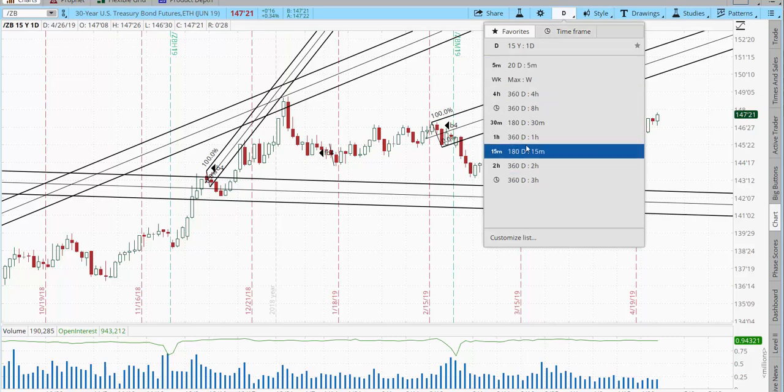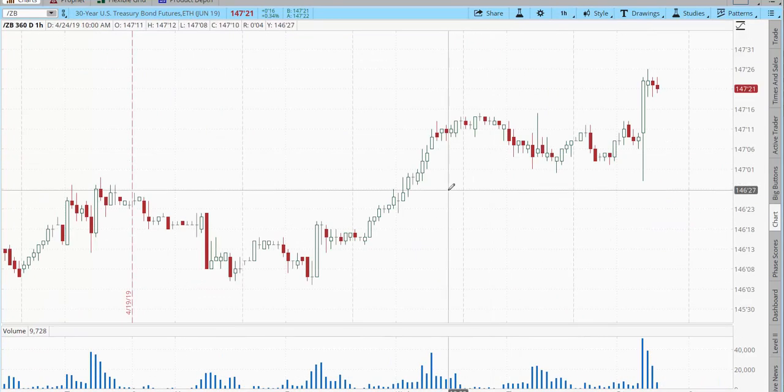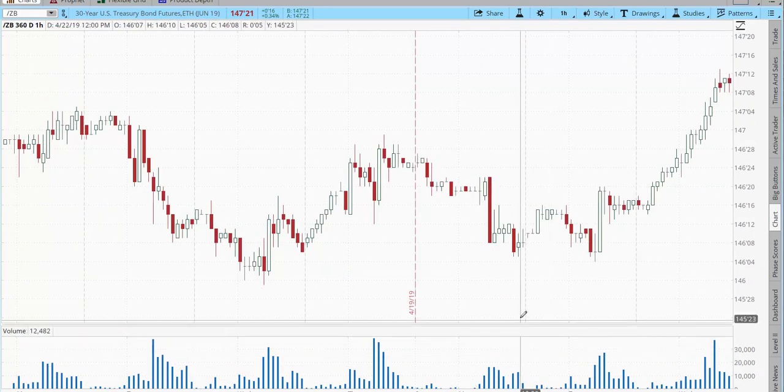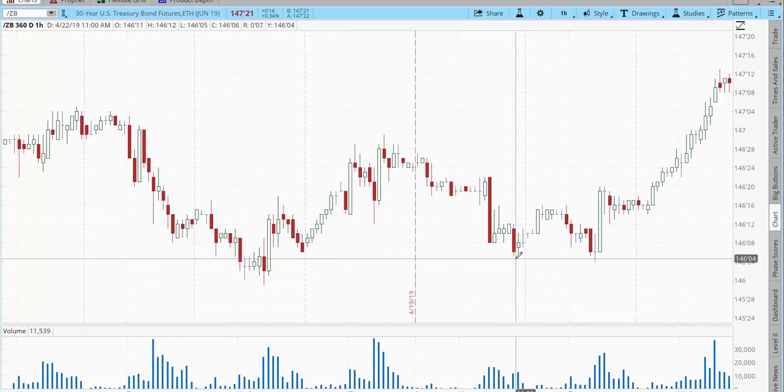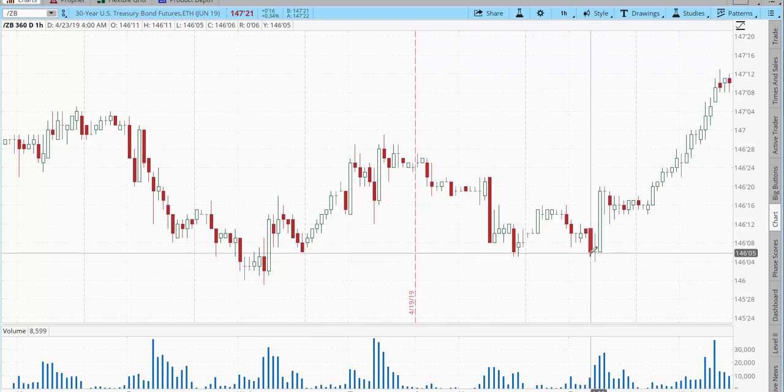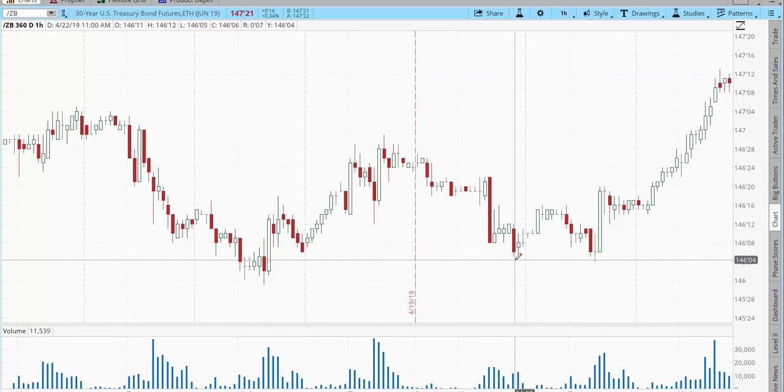Okay, here's a 1-hour chart. So what happened was we had a buy signal down here. And those of you that saw the April 24th video know what that buy signal was and saw the trade and all that other stuff.